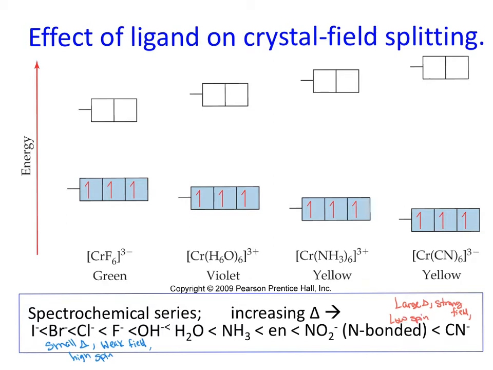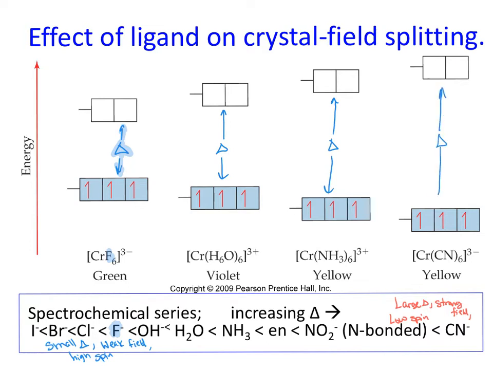And in this slide, we're seeing that we have, so in this small delta, fluoro. So we have our fluoro ligand, which results in a splitting energy, as we see here. And then I can see my splitting energy is increasing as I go from one example to the next.